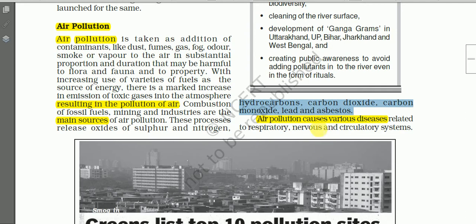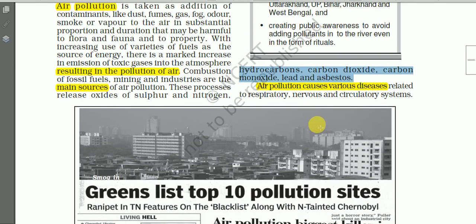And next we have the effects of air pollution. Air pollution causes various diseases related to the respiratory, nervous and circulatory systems.